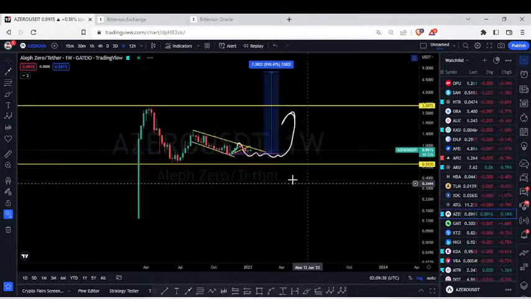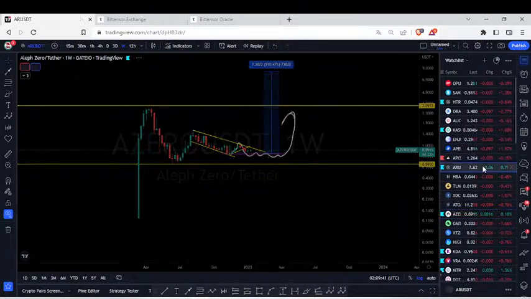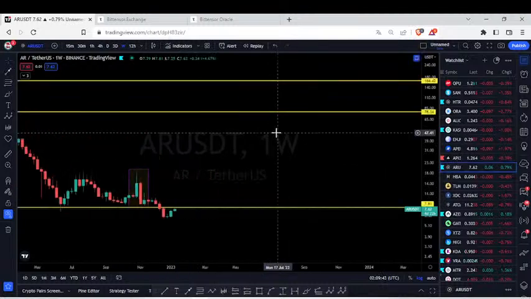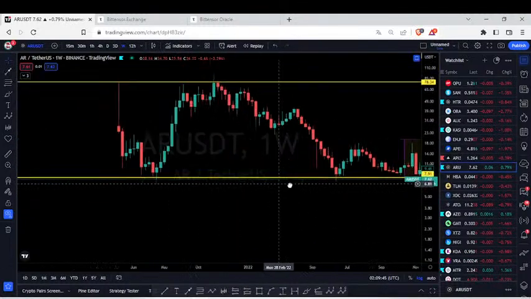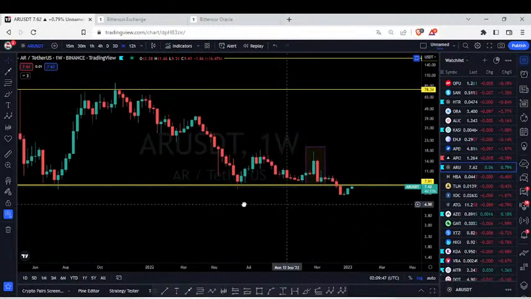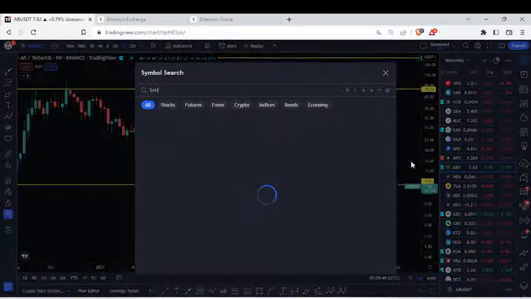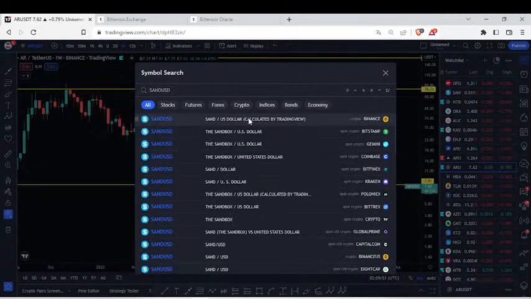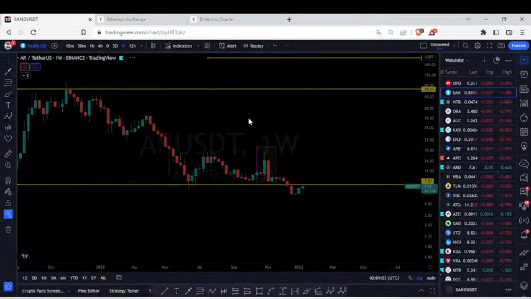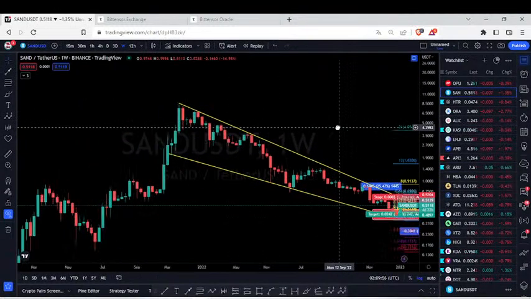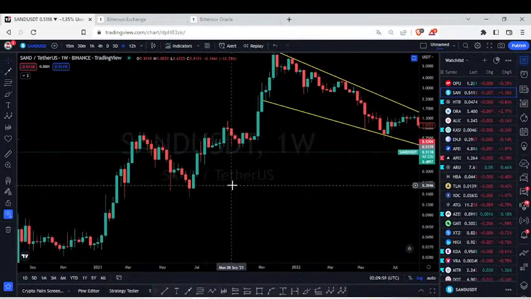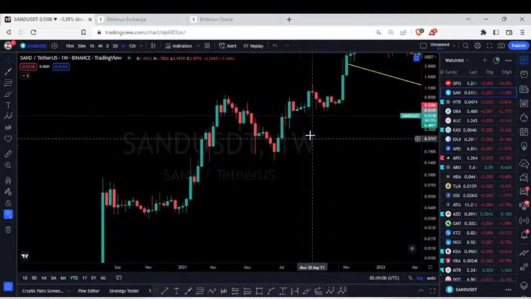And also, one thing I'm going to show you is how these coins actually pump. Let's go on SAND. I think that will be the great example. And I'm showing you this so you don't have to wait for any YouTuber. Okay, I just found this thing out and it's pretty good.